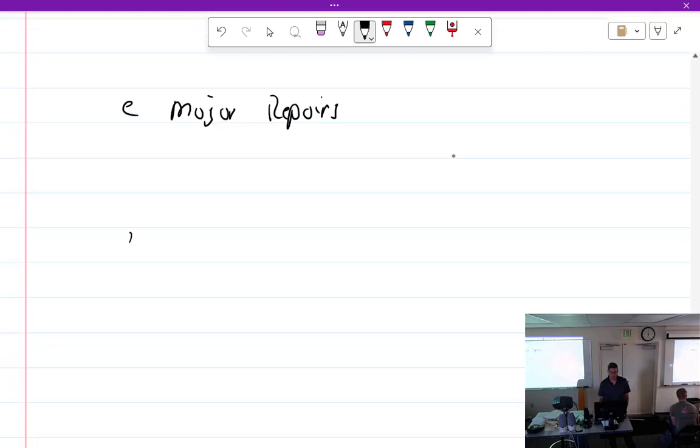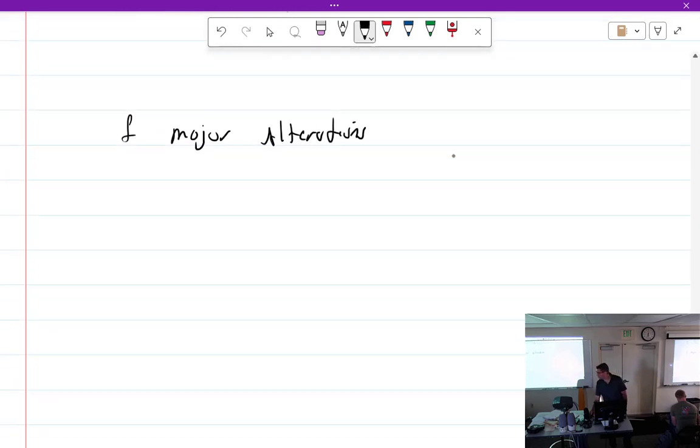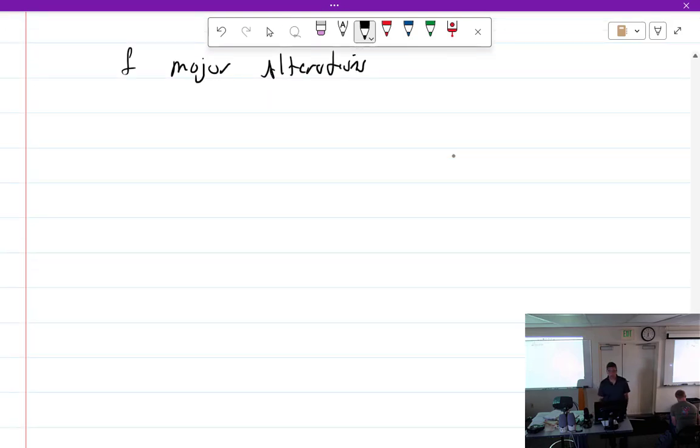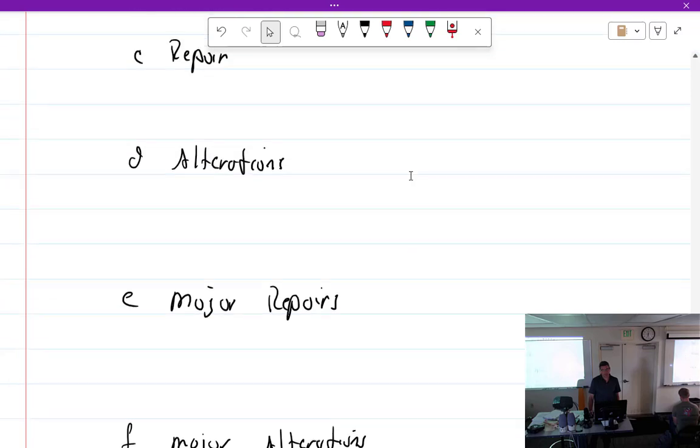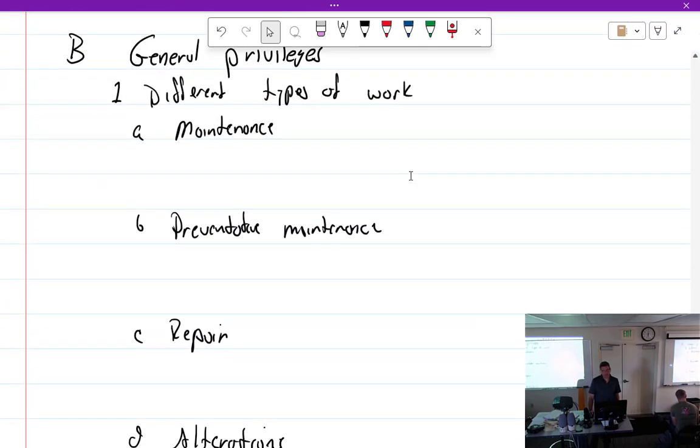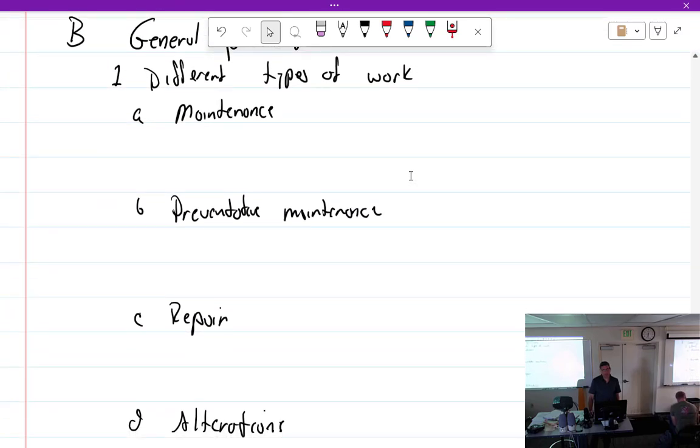And we have major alterations. And then we have, what if I do it? Yes, inspections. So each one of these things has its own little nuanced who can do what. Maybe you want to know what you can do as an A&P. That's the easiest way to go about this.